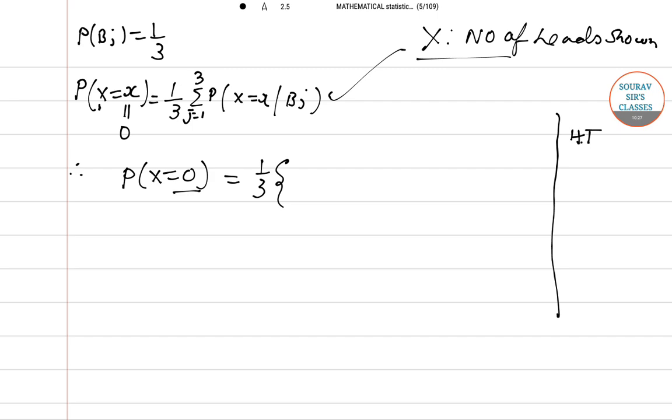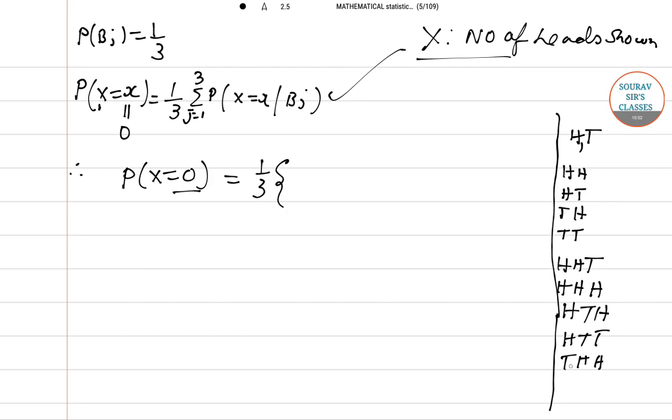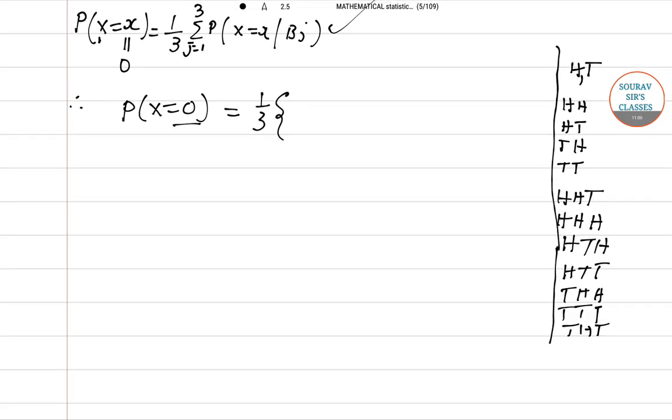Head, tail, head, head, head, tail, tail, head, tail, tail, and in case of 3 possibilities, head head tail, head head head, head tail tail, tail head head, tail tail tail, tail head tail, and the other possibility was tail tail head.